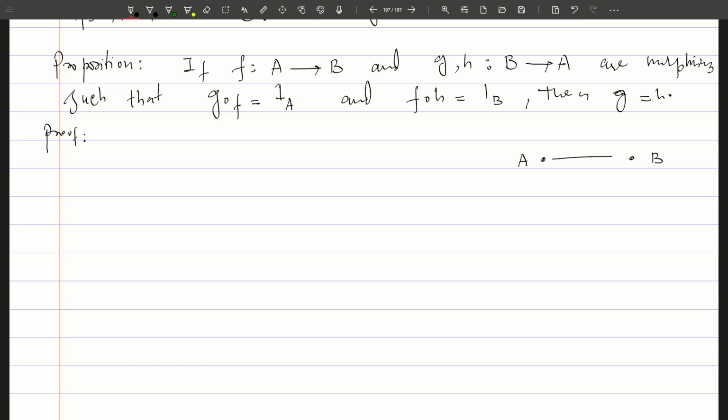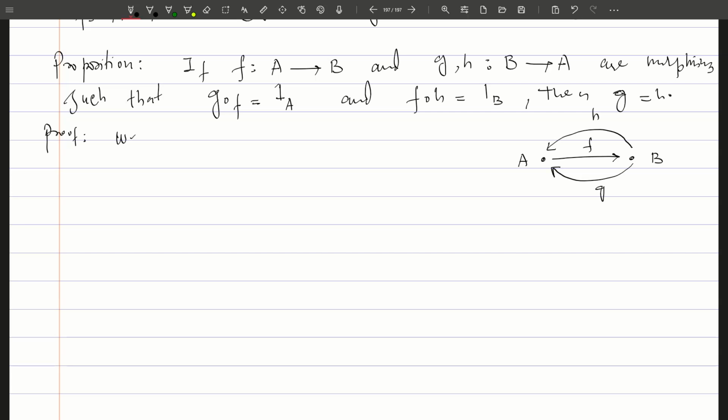From A to B we have a morphism F. Now from B to A we have two morphisms: this one is the morphism G, and this one is the morphism H. We are given that if we compose F with G, F followed by G, we have the identity on A, and if we compose H followed by F, we have the identity on B. Then G and H are actually the same morphism.